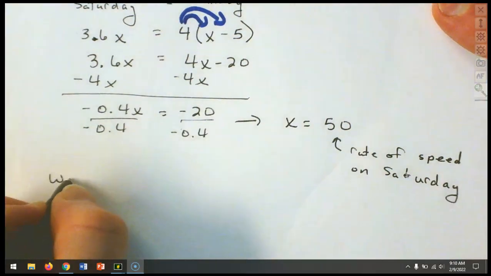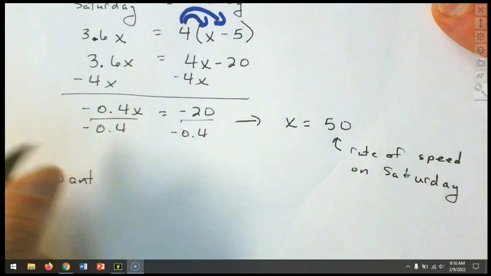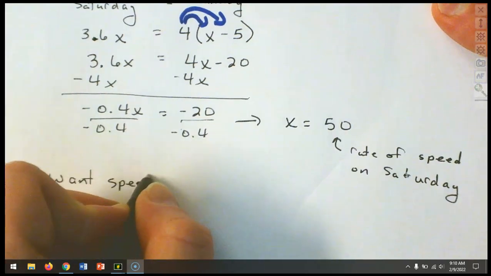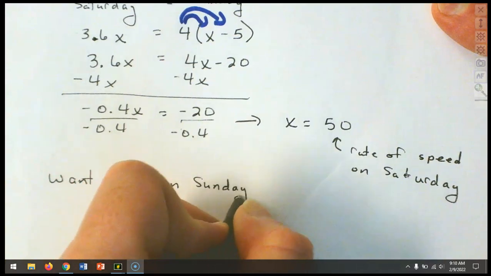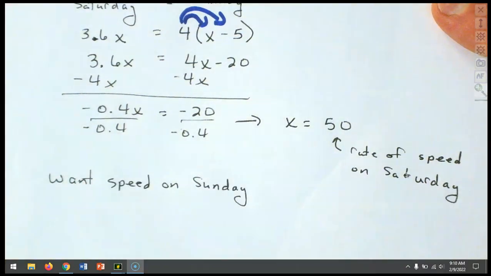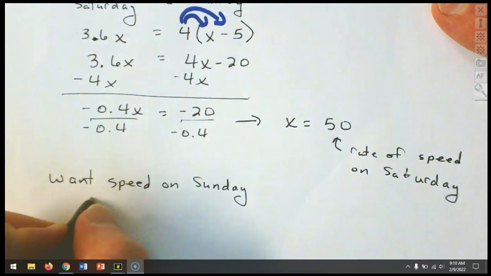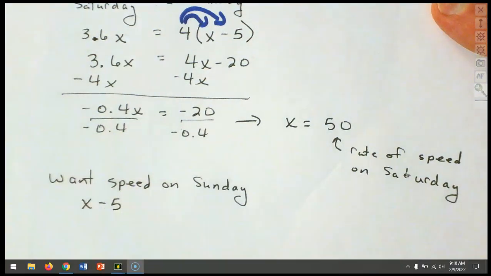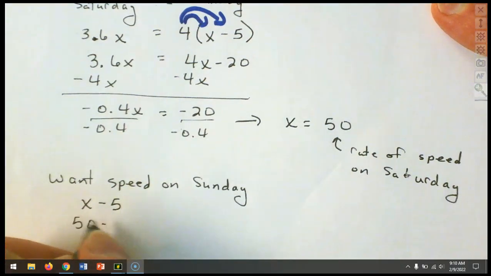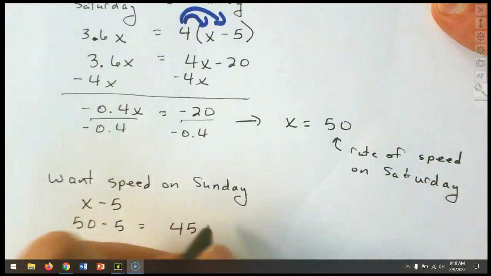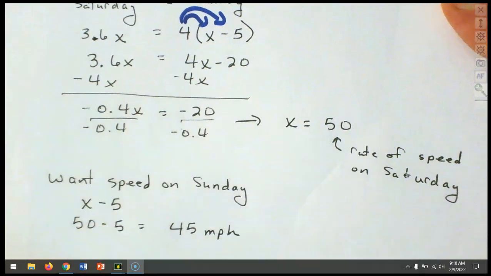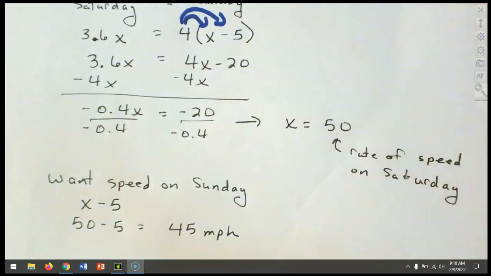We want the speed on Sunday. Well, what would that be? That would be then x minus 5. And so that's going to be 50 minus 5, which is then 45 miles per hour. So on Sunday, she's traveling at 45 miles an hour.